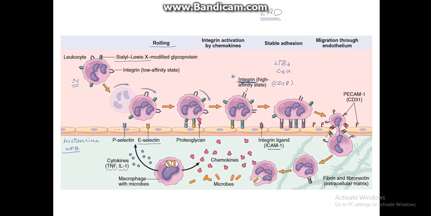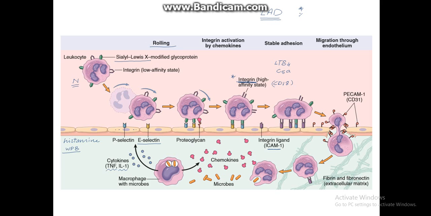So when we don't have integrins, the leukocytes can't bind to the blood vessel wall, and this gives us a variety of signs and symptoms. For example, we have inflammations and infections without pus formation.